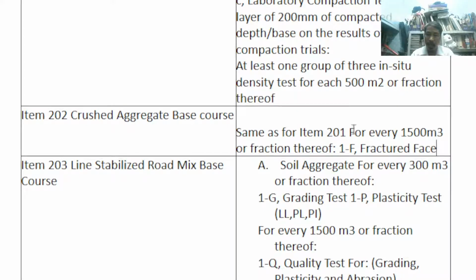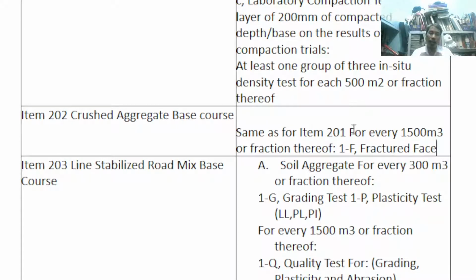So, in our local language, test kung gaano kalapat yung kapit ng road surface doon sa gulong. Okay? Sa gulong. Abrasion. Okay? Dapat kapit na kapit. Abrasion. Okay? Dapat kumapit yung gulong doon sa surface.